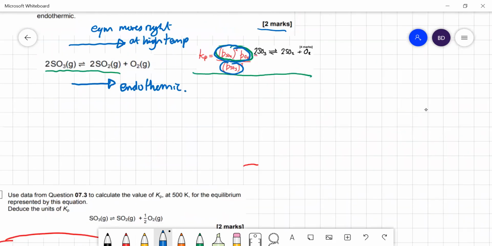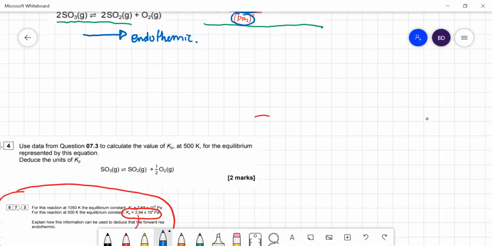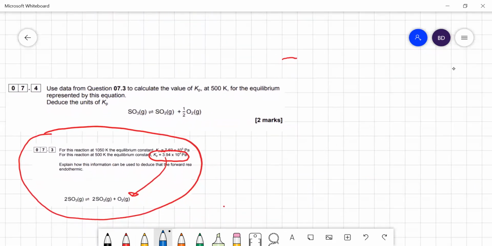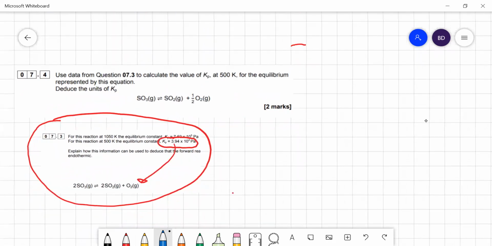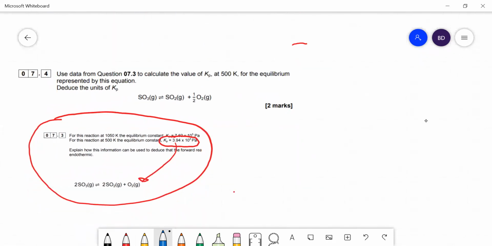Right, okay, now here is another question, and this shows the importance of when you talk about Kp, you've got to write down the equation. Without writing an equation, Kp is a bit meaningless. When you write the question this way, the Kp value is that, but they haven't written the equation that way.